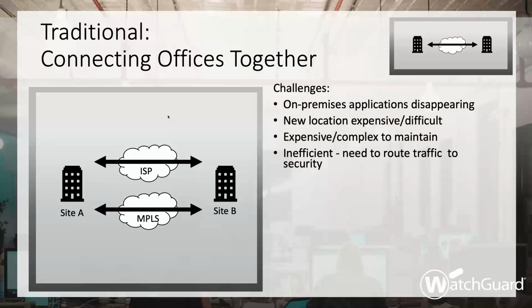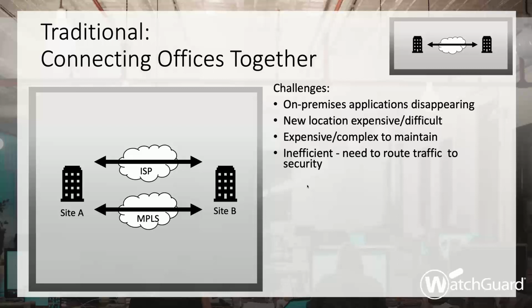So what are the challenges with doing this? Well, first of all, one of the initial drivers of SASE was that on-premises applications are going away, right? They're moving to the cloud.